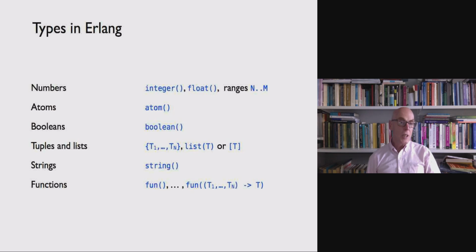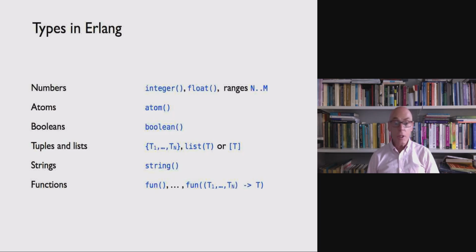Now, the sorts of types that Erlang contains, we've seen already, but let's just describe them briefly, or a subset of them. Integers and floats, generally numbers, type of atoms, type of booleans. We can build types for tuples. So tuple types look like a tuple of types, and each type describes the values that go into that slot in the tuple.